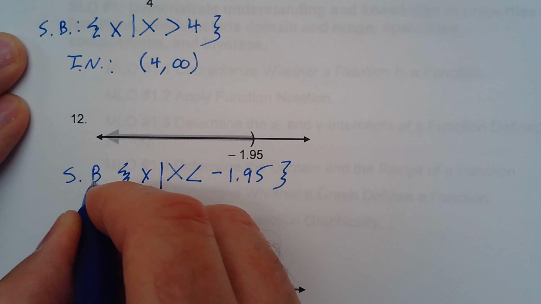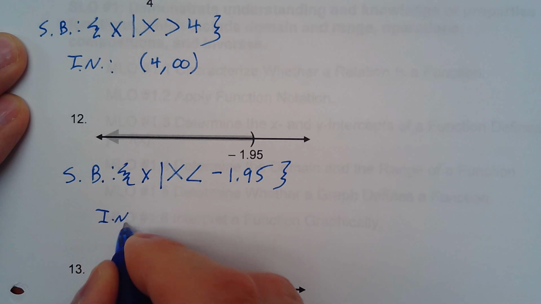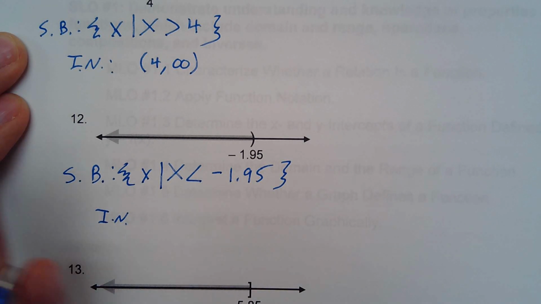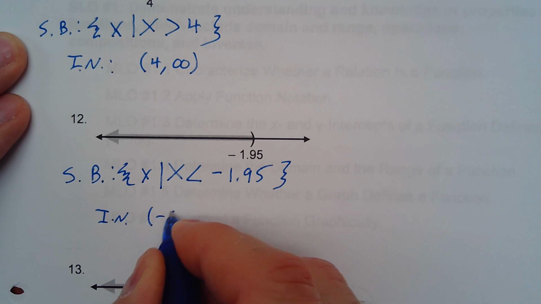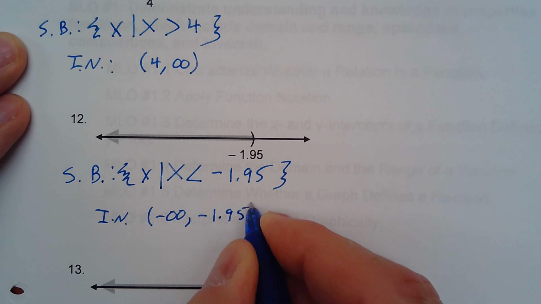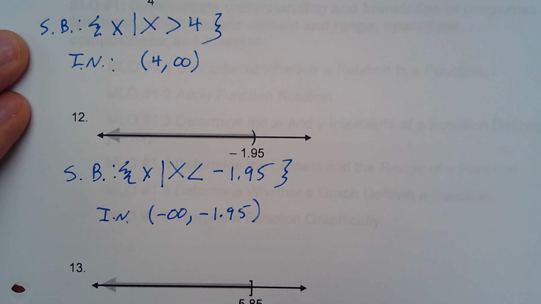There's my set builder notation. Interval notation, again, this is going this way, but I need to write from left to right. My left endpoint's negative infinity. You need to write that negative infinity first, because that's the leftmost endpoint.